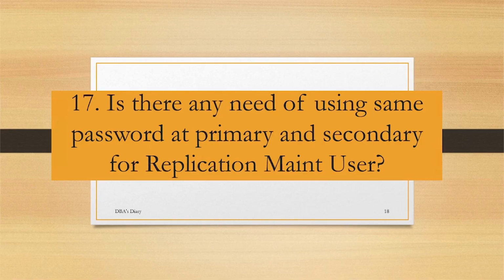Is there any need of using the same password at primary and secondary for the replication maint user? As a practice in replication, we use the maint user for configuring replication. For each database we create one maint user and specify the password. That password needs to be kept the same at the primary and replication level and at the secondary level.